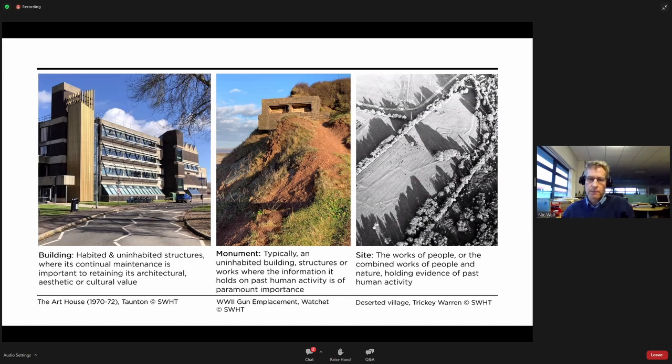So, a building is typically a habited or uninhabited structure where its continual maintenance is important for retaining its architectural, aesthetic, or cultural value. A monument is typically an uninhabited building, structure, or works where the information it holds on past human activity is of paramount importance. A site is created by the work of people or the combined work of people and nature and holds evidence of past human activity.